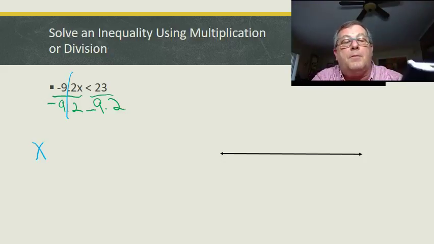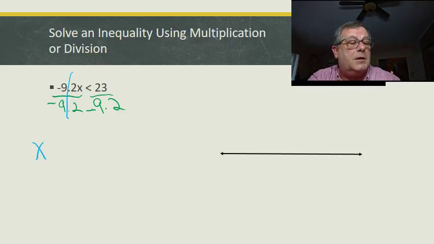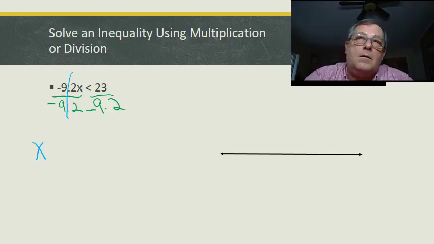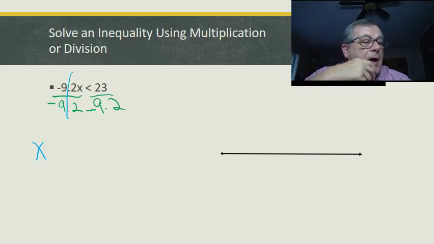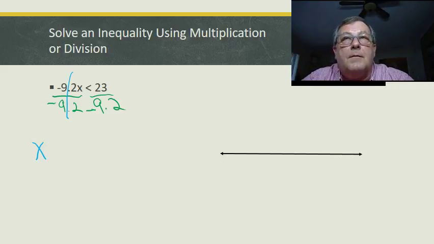It's going to force me to get a calculator out. Now, first, I'm dividing a positive number by a negative number. That means my answer is going to be negative. If the signs are different and I'm using multiplication or division, it's going to be a negative.